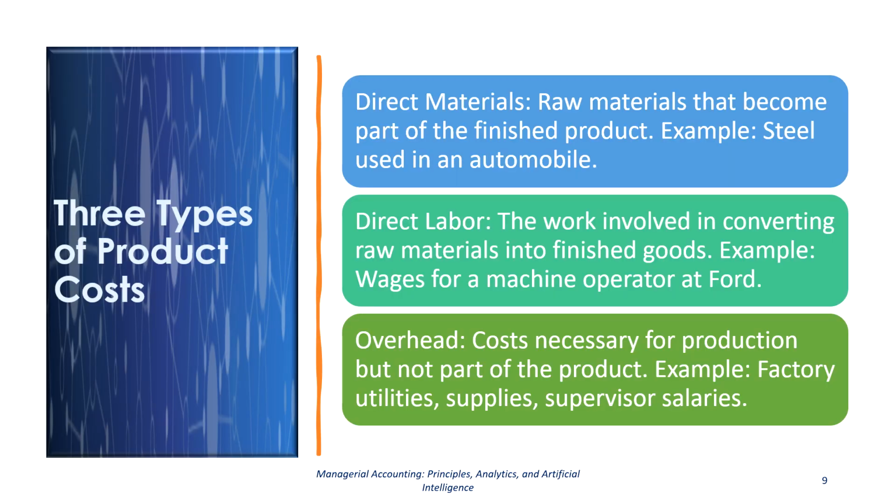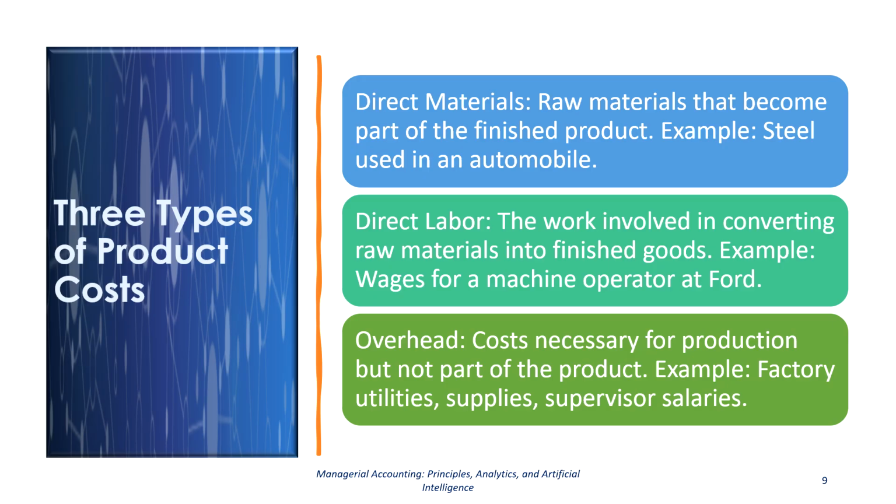Product costs can be broken down into three categories. First is direct materials. These are raw materials that become an integral part of the finished product. Second is direct labor. These are wages paid to employees who physically work on manufacturing the product. Third is overhead.